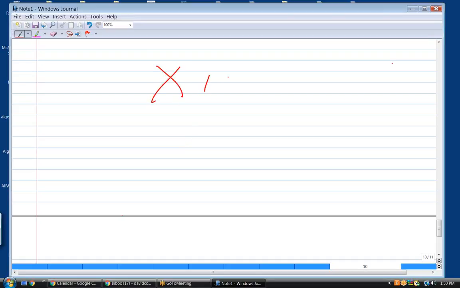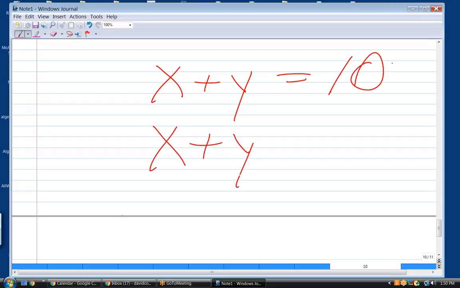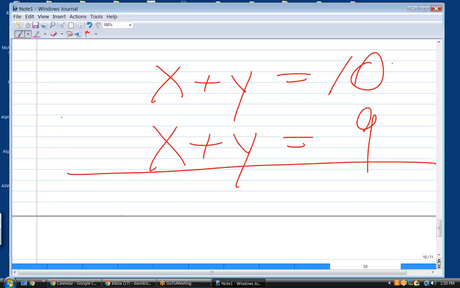Also, if x plus y equals 10, then it's impossible for x plus y to also equal 9. Notice that if I tried solving this using subtraction, I would get 0 equals 1.